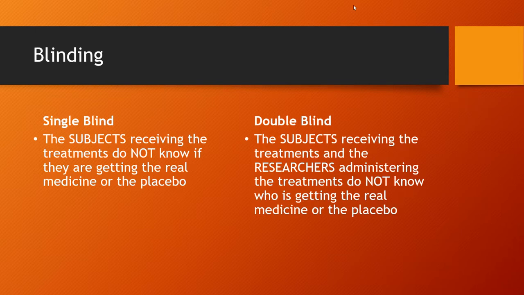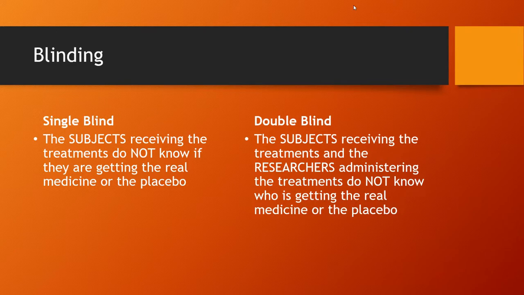Somebody had to prepare the placebos and the medicine to give to the subjects, but the 2 people interacting don't know. And what this does is help to minimize any kind of unconscious bias that can be communicated through body language or something like this that's hard to control.